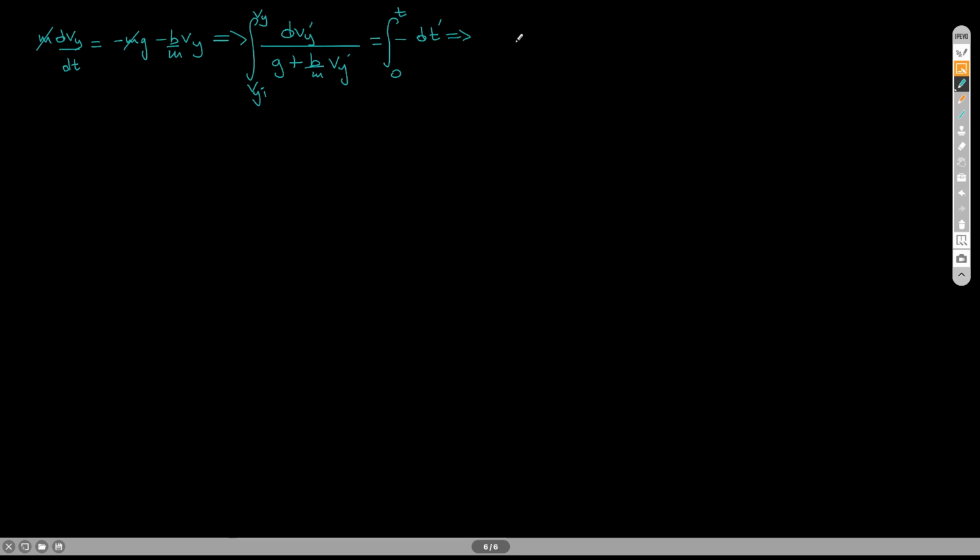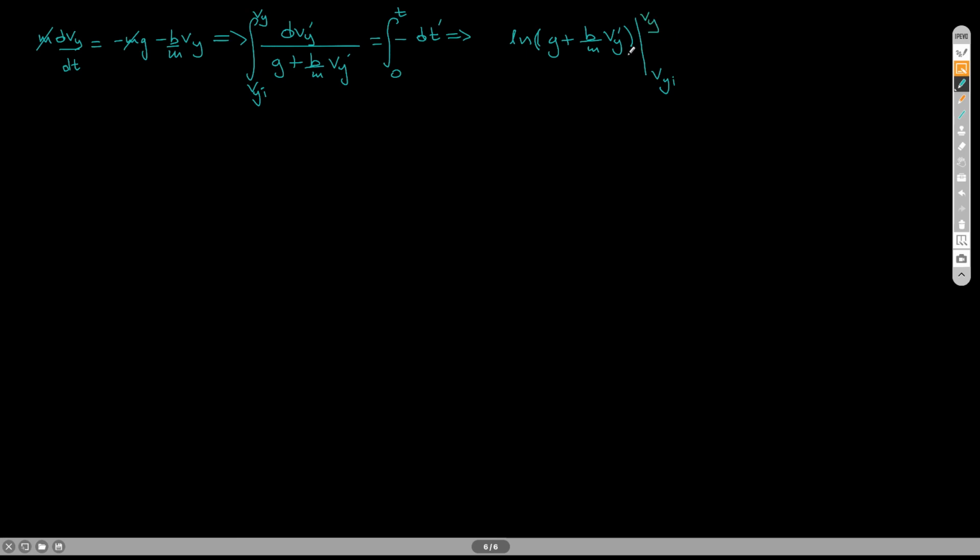Since it is of the form 1 over vy prime dvy prime, I know that my function is going to be a natural log of g plus b over m vy prime, and this needs to go from vy initial to vy.